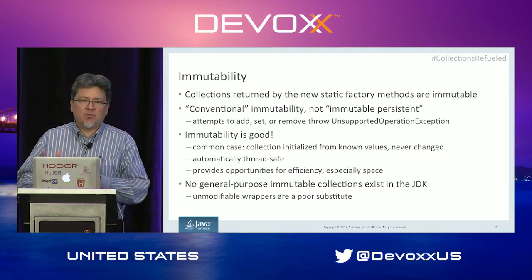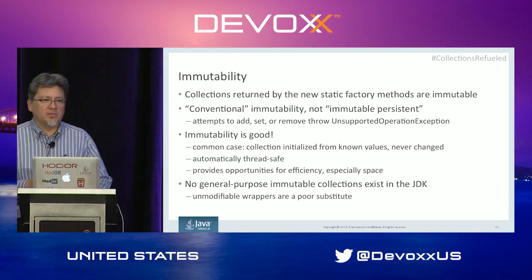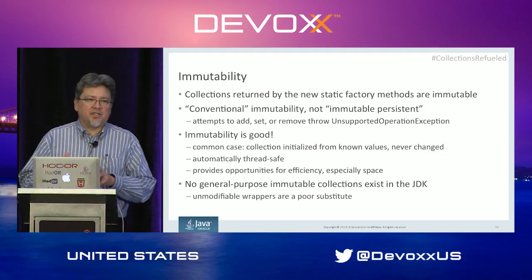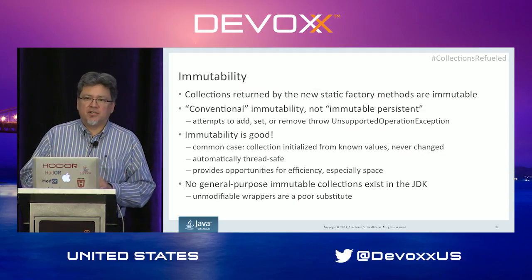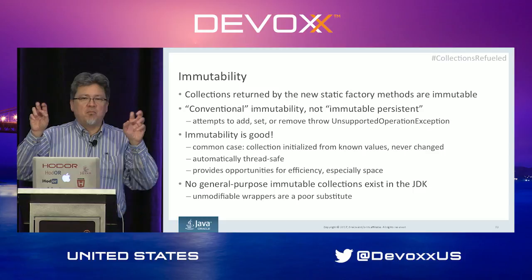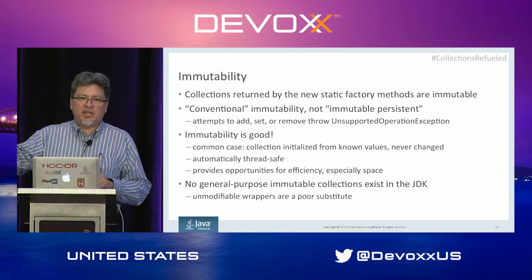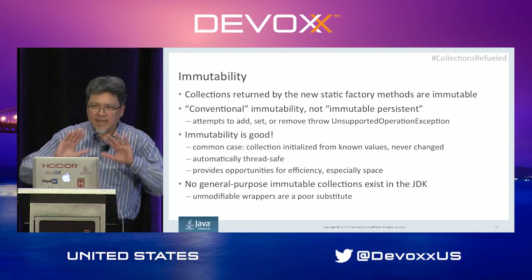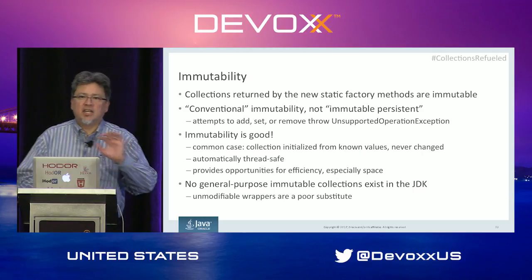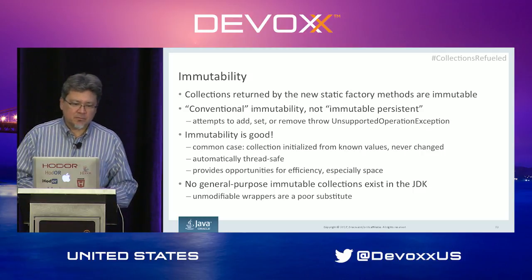I want to contrast that with other libraries and language systems that have persistent data structures, where you can modify the data structure, but what you get is a new data structure that shares structure with the old one. That is not what this is. This is conventional immutability.